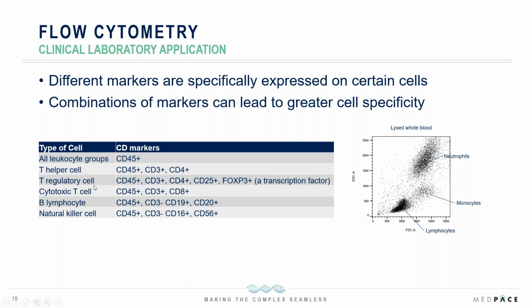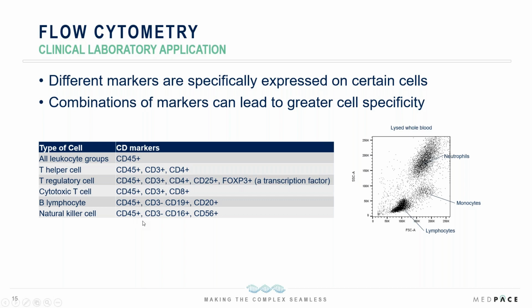And so what we see here is if we just use one antibody, we can separate out all leukocyte groups from erythrocytes. If we add a second antibody, such as CD3, we can separate out all T cell lymphocytes from other cells, such as B cells, NK cells, neutrophils, etc. If we then add a fourth antibody, we can separate out all T helper cells from cytotoxic T cells and other cells that we haven't labeled for.